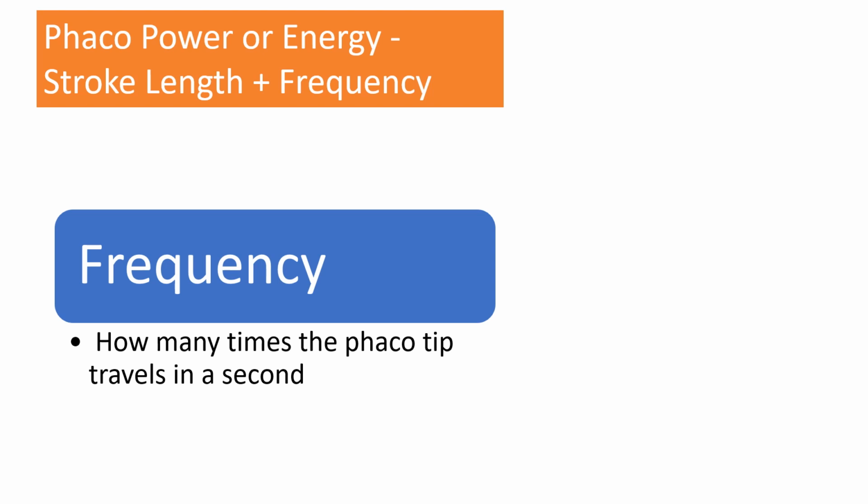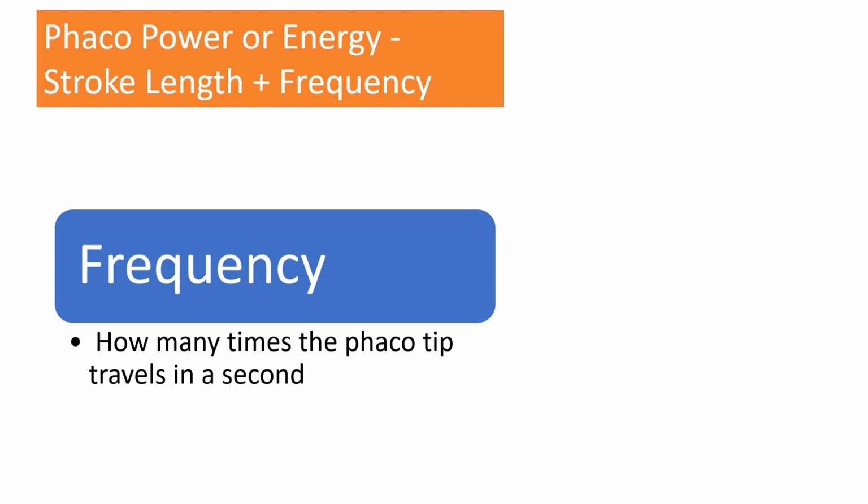It is important to note that though in common language we say the ultrasonic handpiece, if you are there in the OR, someone will say, pass me the ultrasonic handpiece. What it means is that what goes into the eye is not an ultrasound. We don't send ultrasound inside the eye to break the nucleus. The ultrasonic handpiece here means that the phaco tip attached to the handpiece moves at ultrasonic speed, that is over 20,000 oscillations per second.